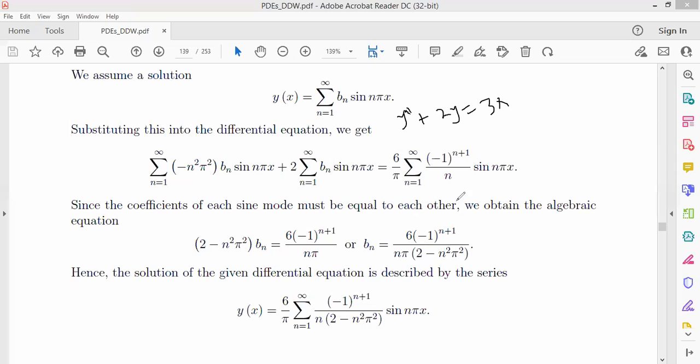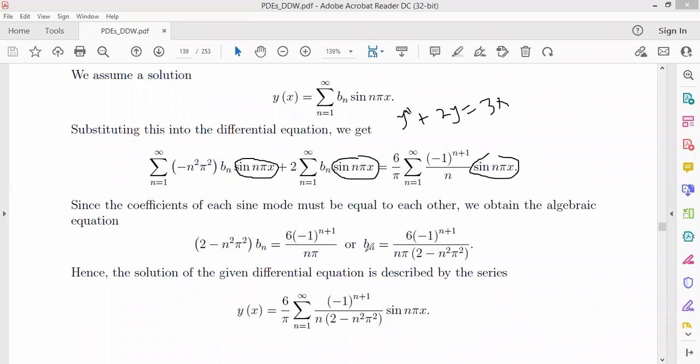If you look at this, you realize that this term here is the same all through, implying that this thing can be simplified. So we can simplify it in terms of sine n pi x.